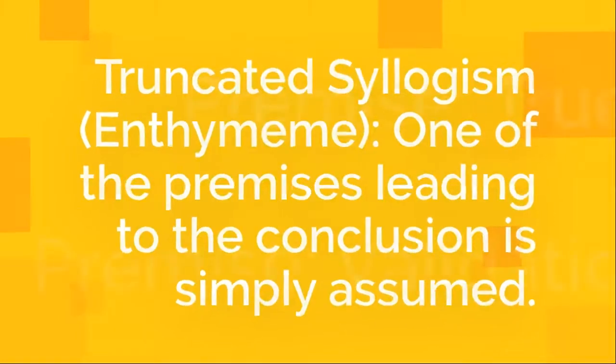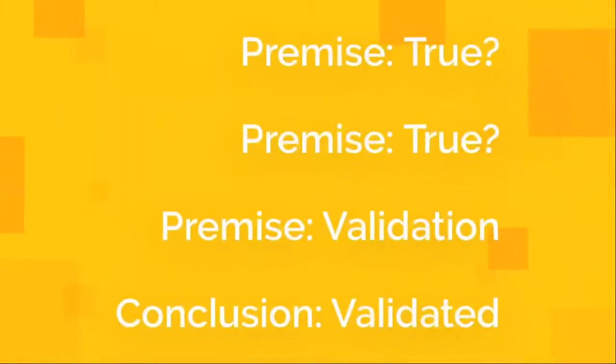So let's look structurally. In the example I provided you, you notice that for the first premise, I put a question mark. Is it true? Taking the life of an innocent person is unjust. We'll look at that in a little bit. The second one, imposing ourselves on the mentally unstable is also unjust.